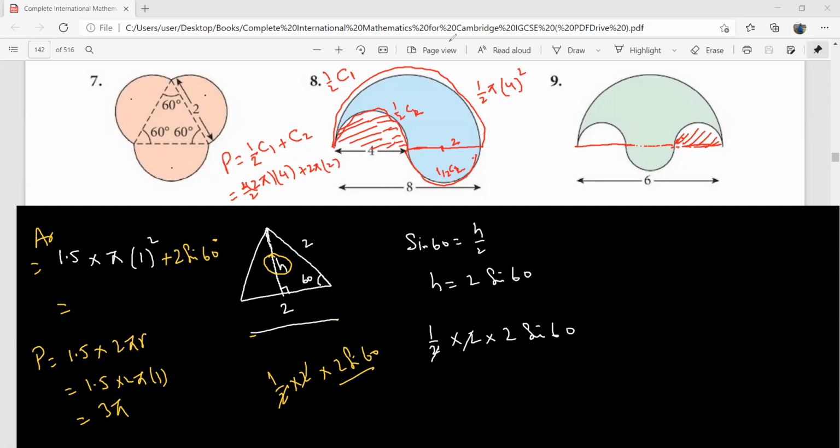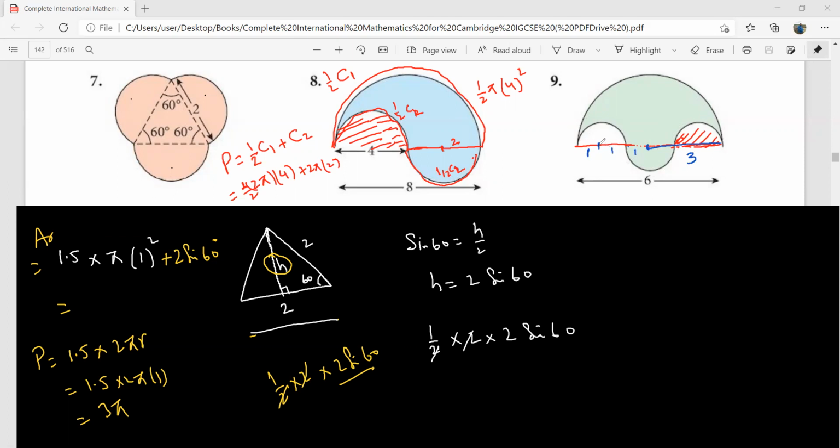Now you need to know the radii for this. The radius for the large semicircle is going to be 3, okay, and this is going to be 1 plus 1. So this radius is going to be 1 over here, okay. So it's 1, 1, and this is going to be 1. So altogether this becomes 3 here, okay.